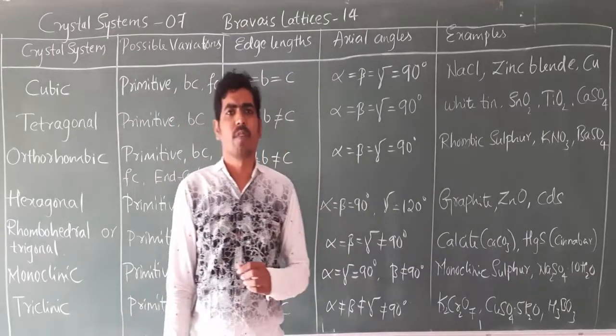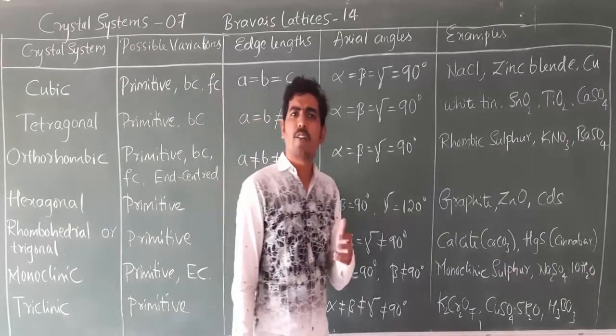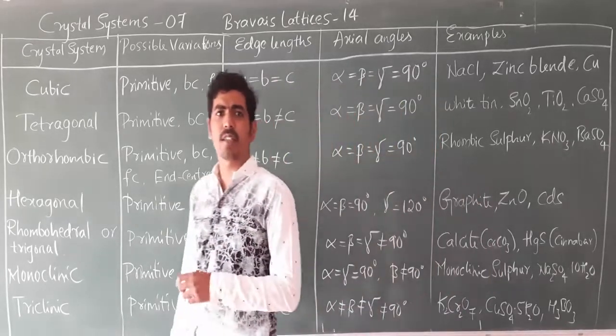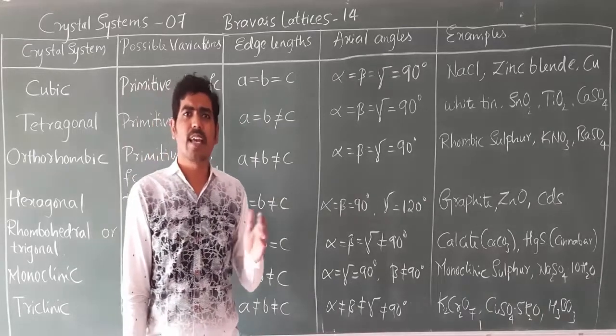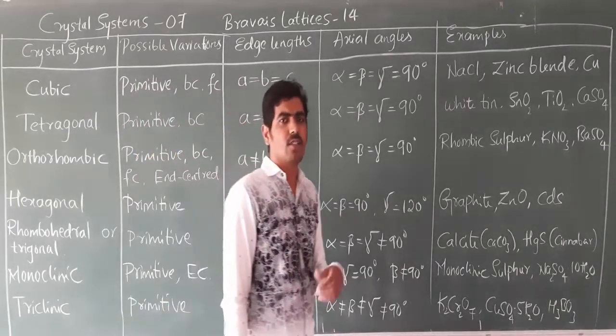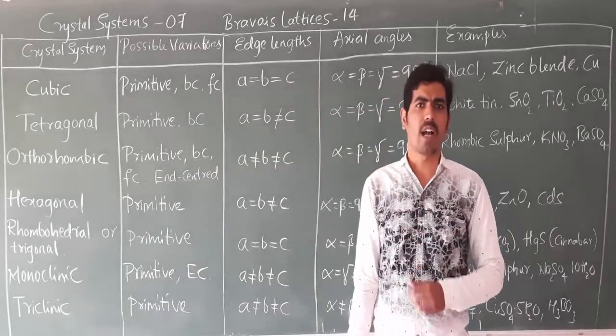As you know, the unit cell may have different structures based upon the 6 parameters: the edge lengths A, B and C and the axial angles alpha, beta and gamma.